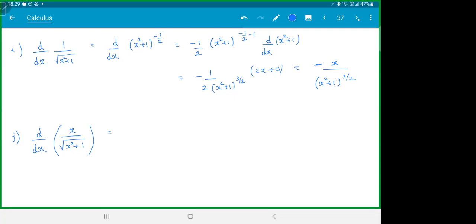This you have to use f of x by g of x. And in that you get a chain rule again. Minus 1 by 2 x square plus 1. Yeah, it's a little complex. It's not a straightforward one.